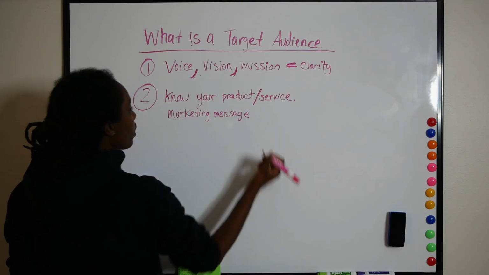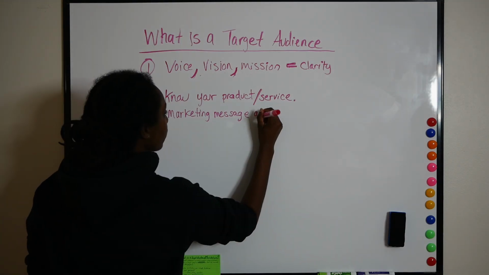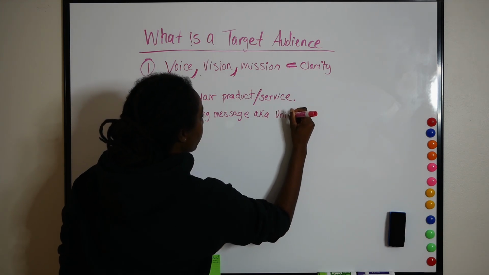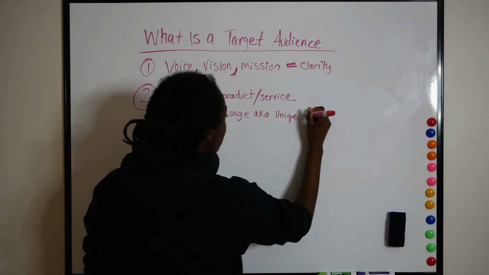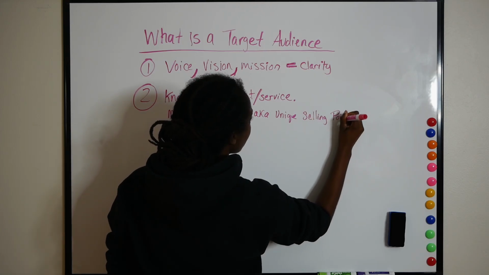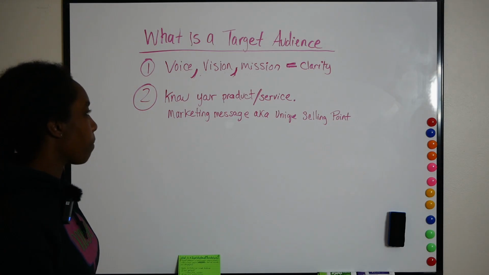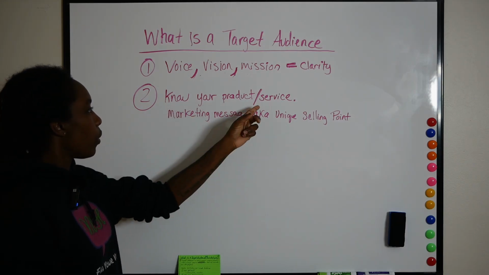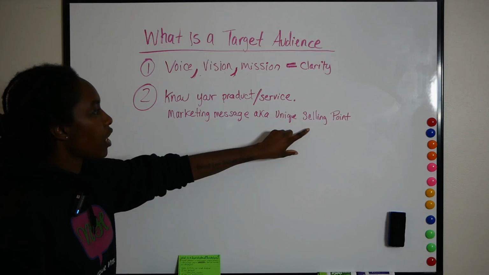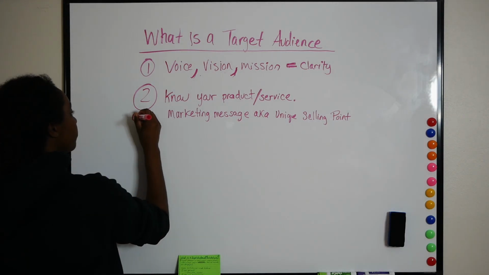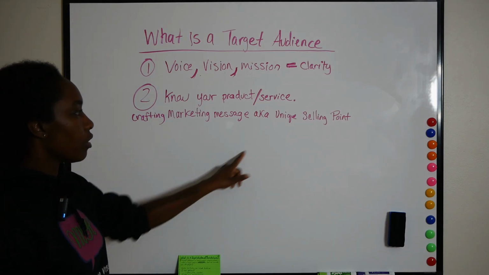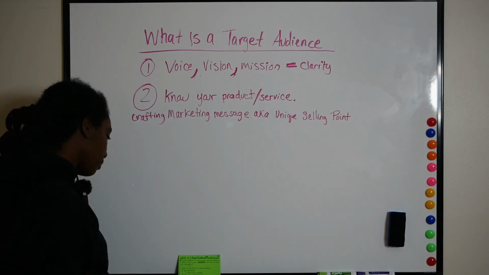It's also known as, AKA, your unique selling point, or USP. All right, so knowing your product or service and crafting your marketing message, AKA your unique selling point. Forgot to put that there. All right.